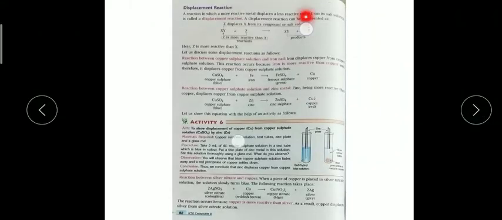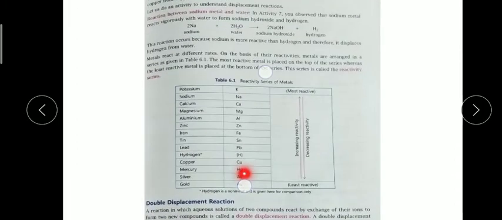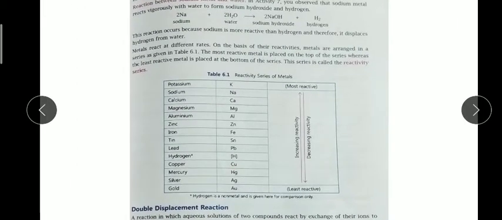Now next is the displacement reaction. Here you can see how the displacement reaction works. This displacement reaction depends upon the activity series. Here you can see table 1.6. In this table, the most reactive metals are placed at the topmost place, whereas the least reactive are below in the activity series.